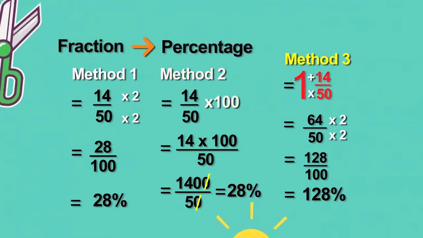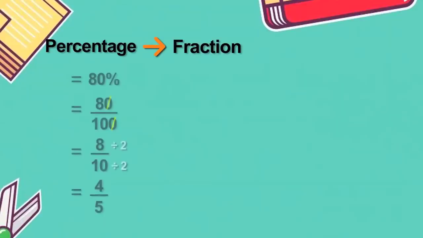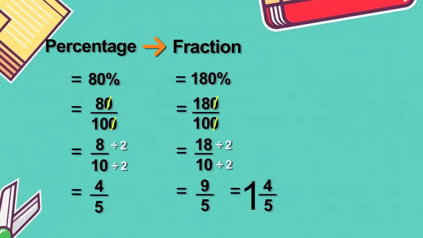And if you want to change a mixed number, you need to change it to improper fraction first, and you can use either method 1 or method 2. If you want to change percentage to fraction, you can write the fraction as 80 out of 100 and change it to simplest form, or you can use cancellation method.